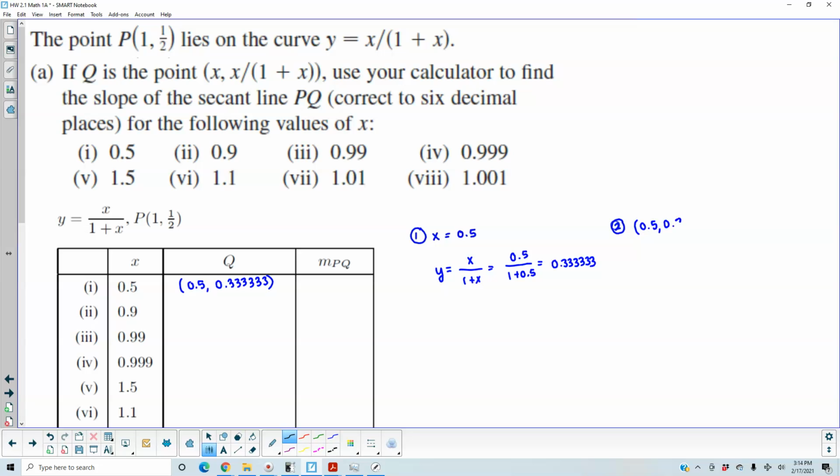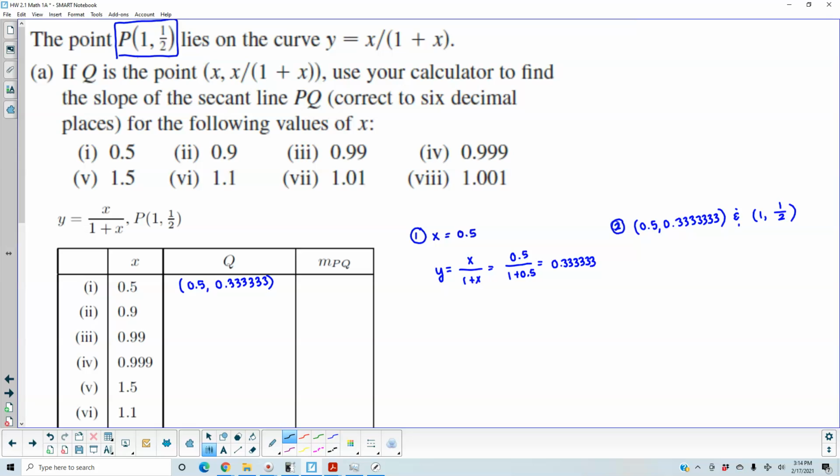Now we're going to use the point (0.5, 0.333333), and we're going to use the point (1, 1/2) every single time to find the slope.